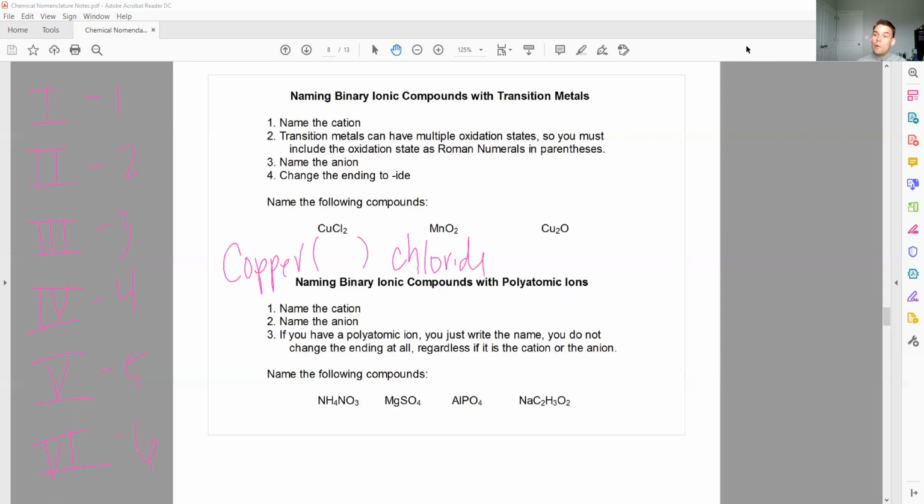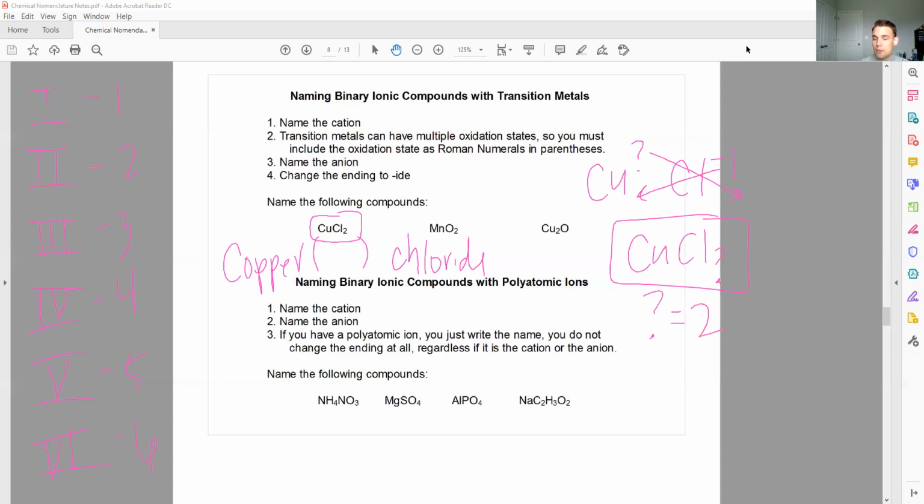So to do this, we work backwards. Ask yourself, okay, I don't know what the charge of that copper is, no clue. I do know the charge of chlorine. Chlorine's -1 when it becomes an ion. So what I'm going to do is I'm going to switch them, and I get CuCl question mark. Ask yourself, what does that question mark have to equal to make this thing and this thing look the same?